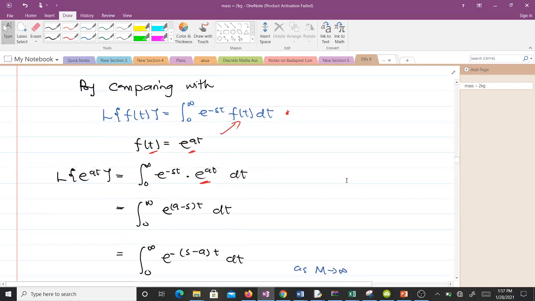When you have an exponential function, e^x times e^y is the same as e^(x+y), right? Since they are multiplying, we can add their powers. When you add them, you're going to get a minus st. So that's why you have something like this here.